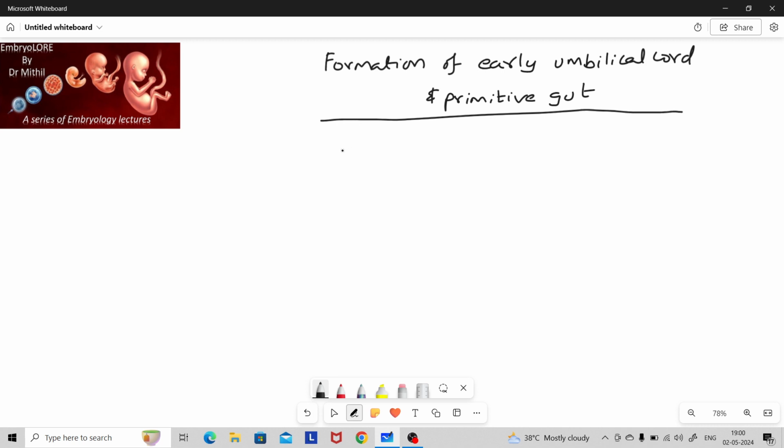So now here, let us try to understand the picture in a simpler way. So first of all, this is the bilaminar embryo, in which there is an upper half, that is the amniotic cavity.